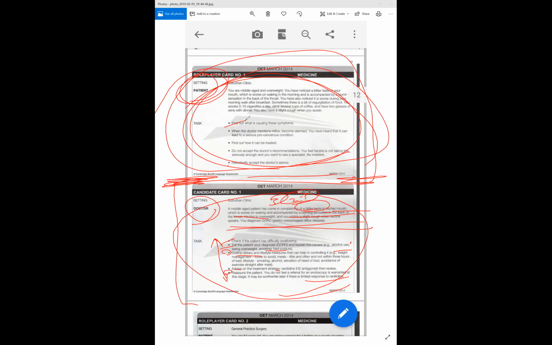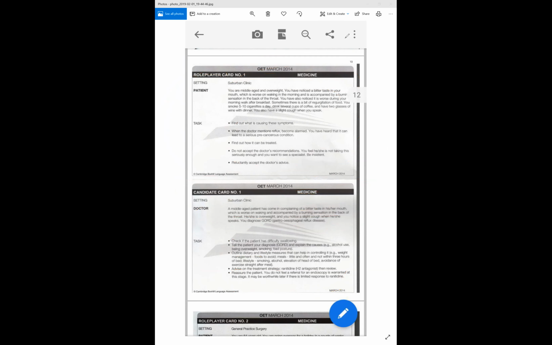Find out what is causing the symptoms. Because you are middle-aged and overweight, you have noticed a bad taste in your mouth, worse in the morning, and accompanied by a burning sensation in the back of your throat.